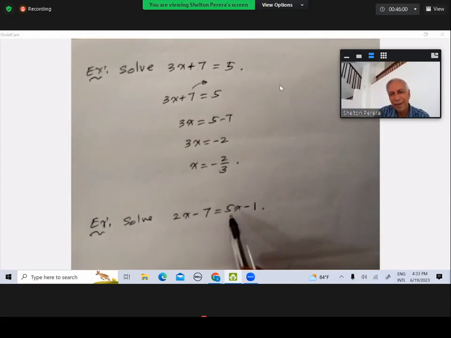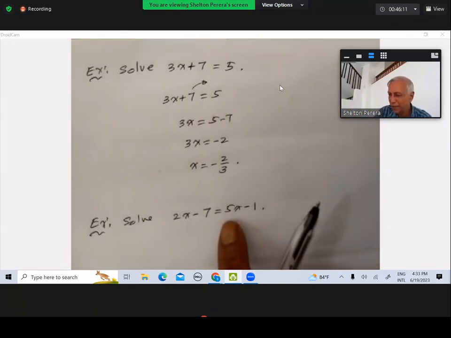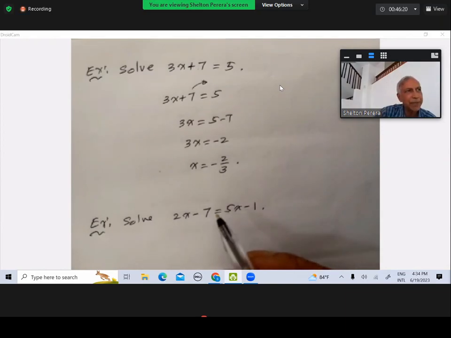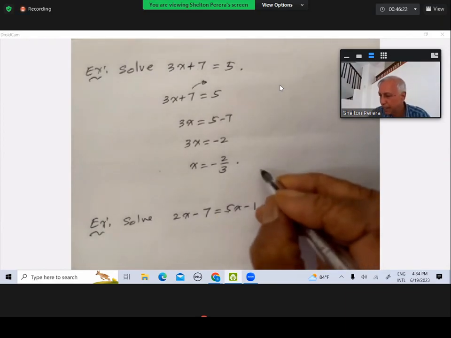Here, we can do it in two ways. We can keep 5x there and solve. Throw 1 to this side and 2x to that side. Because 5x is bigger, the coefficient is bigger. Coefficient of x in here is 5. The number that comes with x is called a coefficient.